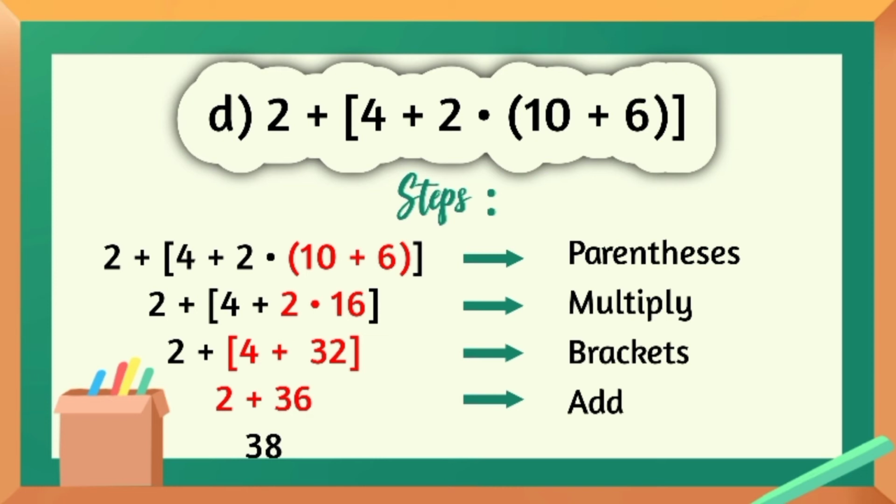For the next step, complete the multiplication operation, which is 2 times 16 equals 32. And the addition operation in brackets, that is 4 plus 32 equals 36. So the result of the problem above is 38.